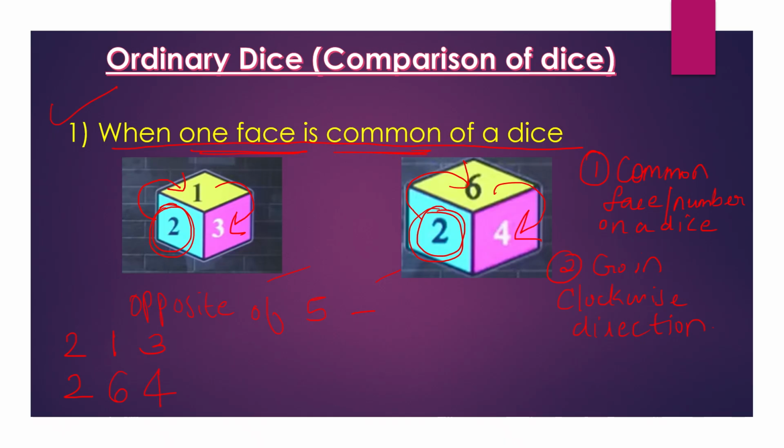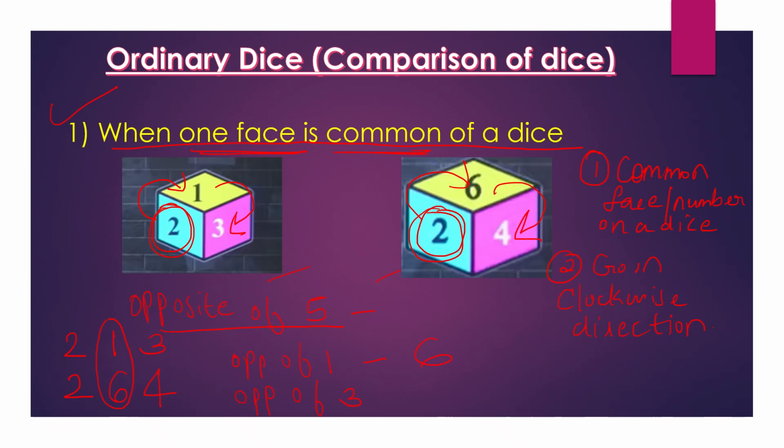I want the opposite of 5, correct? Now, whatever vertical pairs you see: 1 and 6 are there, so the opposite of 1 will be 6.